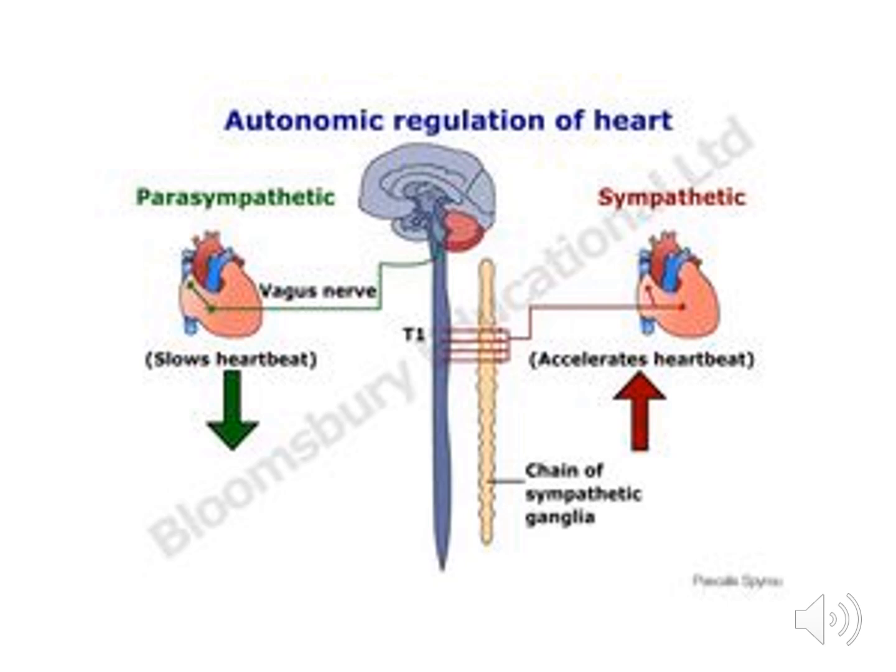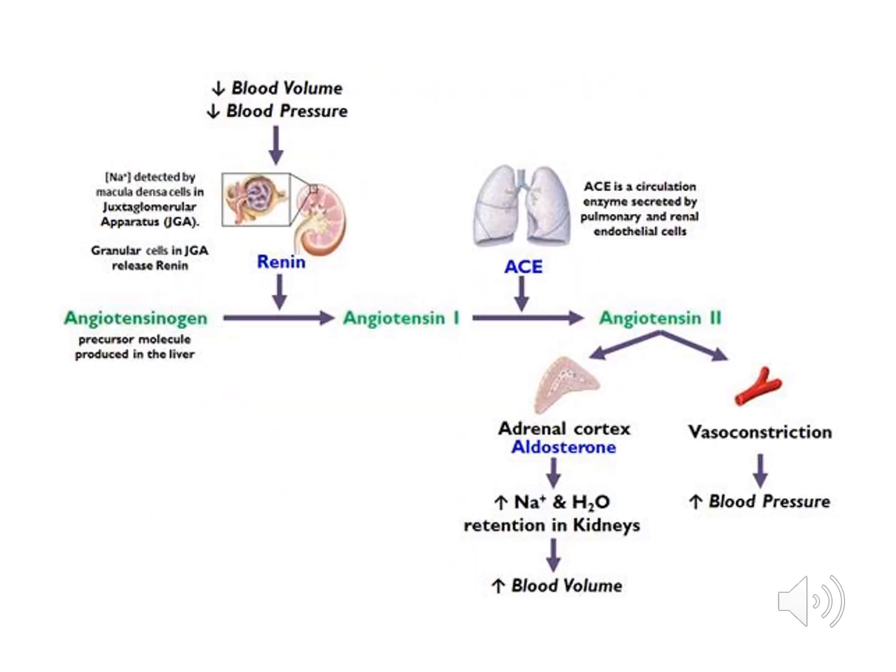And it does succeed, but when you increase the heart rate and you increase the force of contraction, what have you just done to the workload of the heart? You've increased it, right? And now that the heart has to work harder, that's eventually going to make the heart failure worse. Does that make sense?